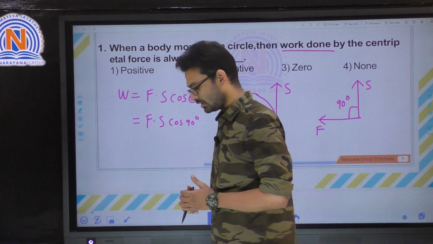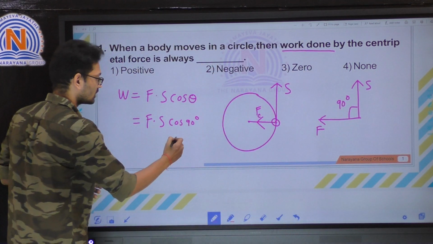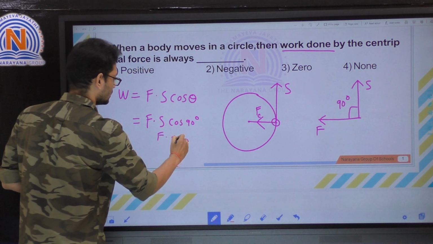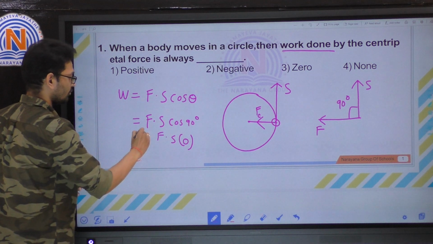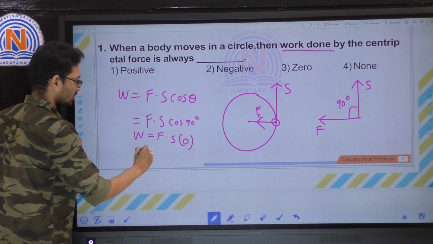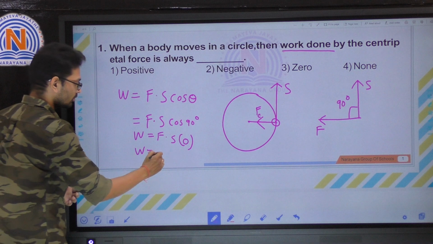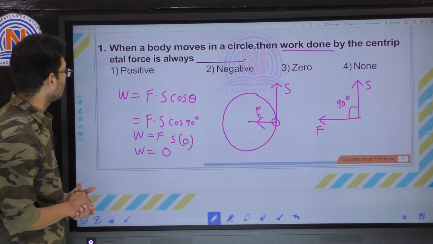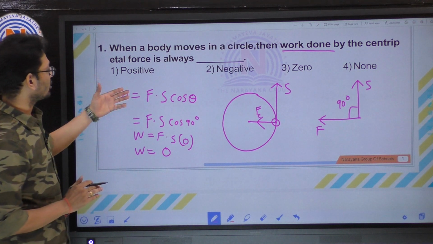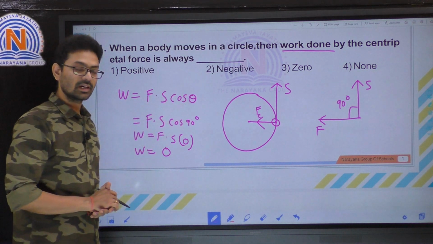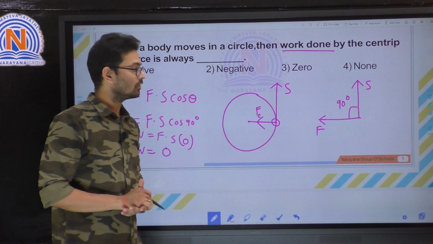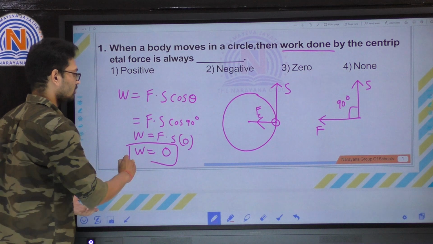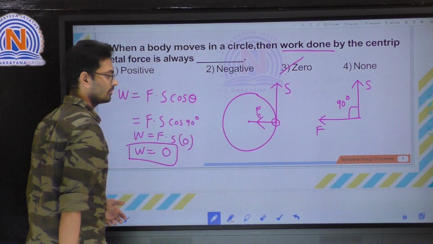Cos 90 is 0. F dot S into 0. Therefore, anything into 0 is 0, so work done is 0. The first option is positive, second negative, third 0, fourth none. So your answer for work done is 0, option 3.